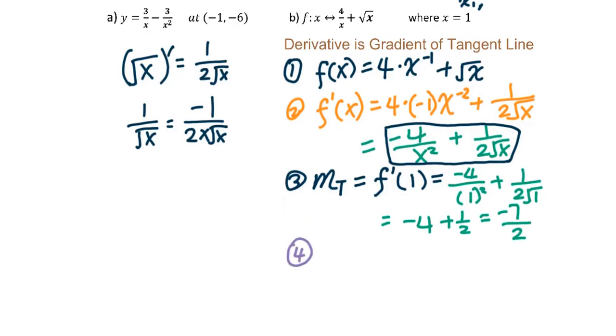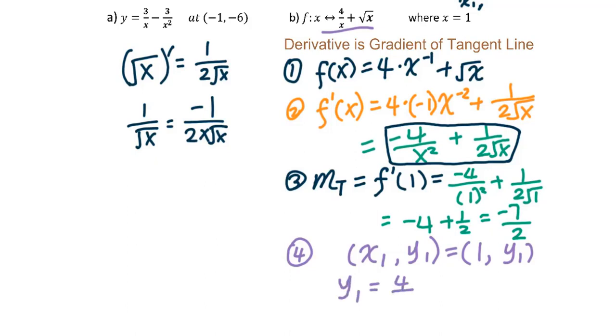Then for third step, we need x1, y1. For x1, we know that is 1. We don't know y1. So we plug into the original function to get the y1. So we get y1 equals 4 over 1 plus square root of 1. That is 5.